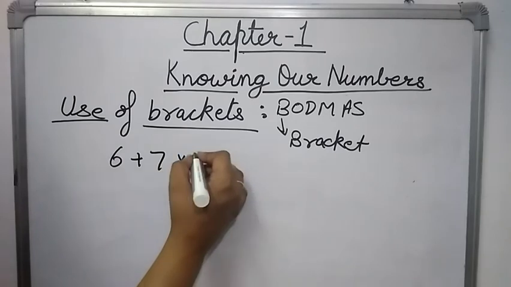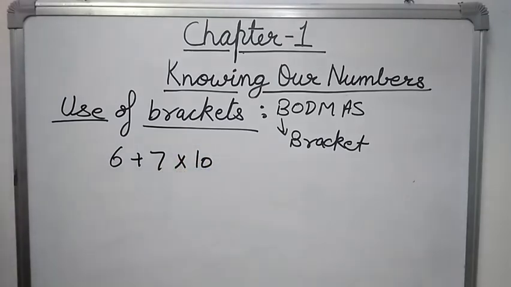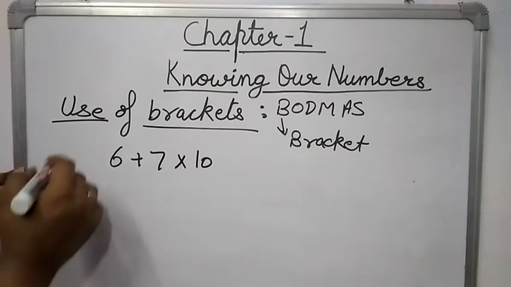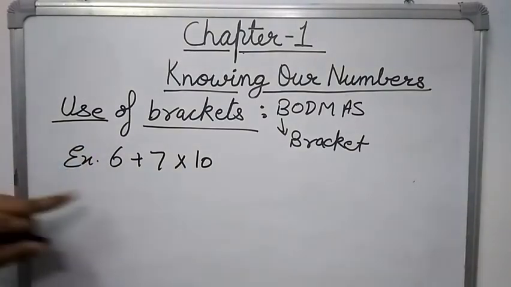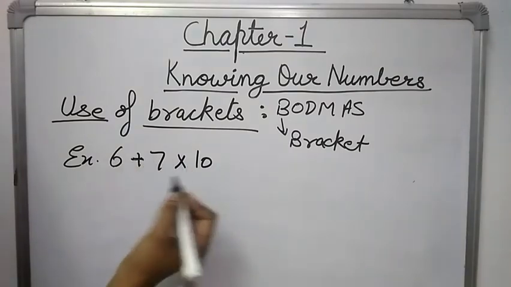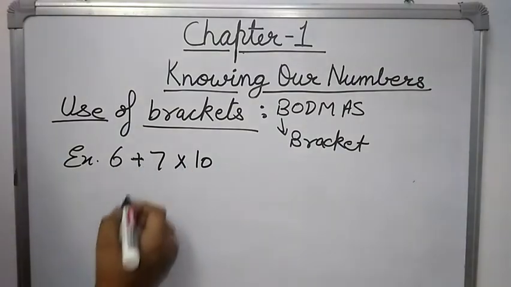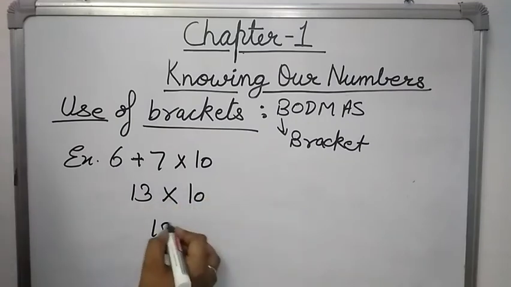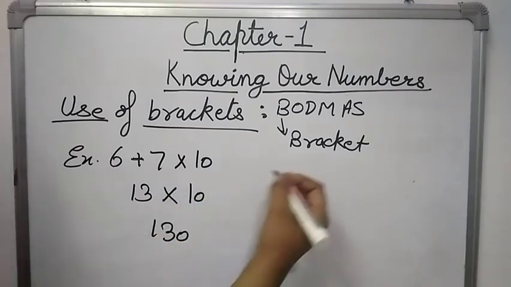Let's take this example: 6 plus 7 multiplied by 10. There are two ways to solve it. One student can do 6 plus 7, it is 13, multiply by 10, so his answer is 130.